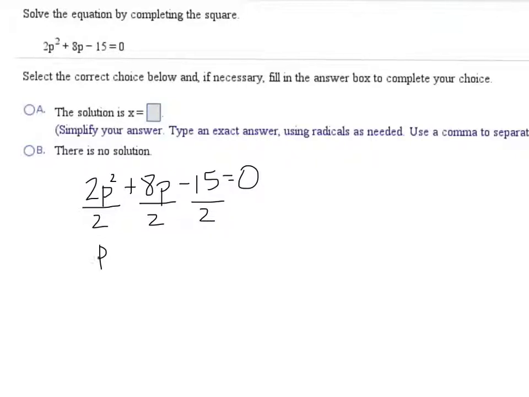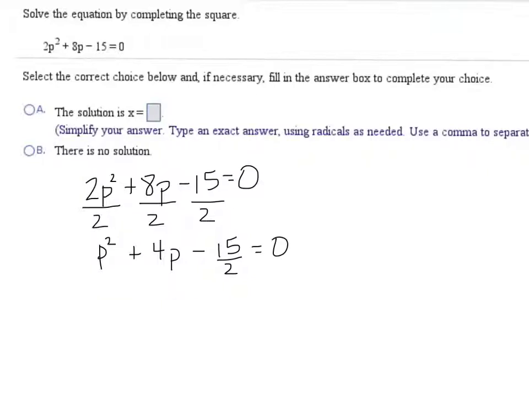So now we'll have p squared plus 4p minus 15 over 2 is equal to 0. Now you can rewrite the 15 over 2 if you want. We're going to simplify our answer and have radicals as needed, so that generally means you should input your answer as a simplified fraction, and with the radicals we're not going to use our calculator to get an approximation.